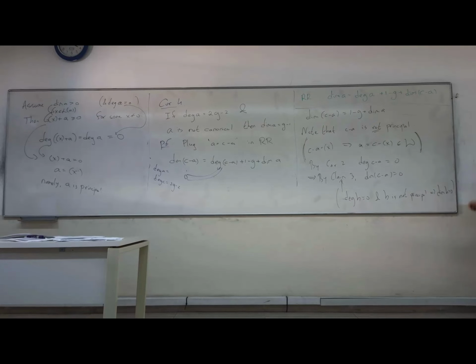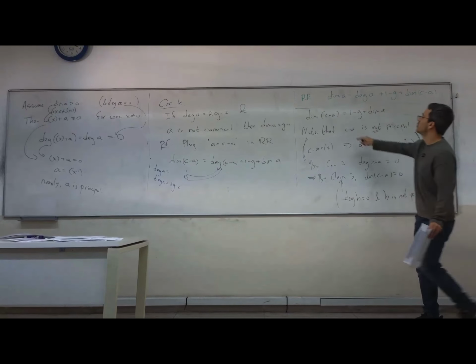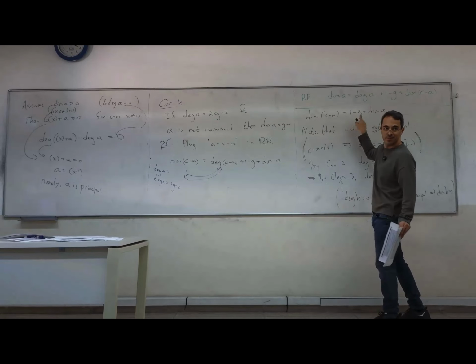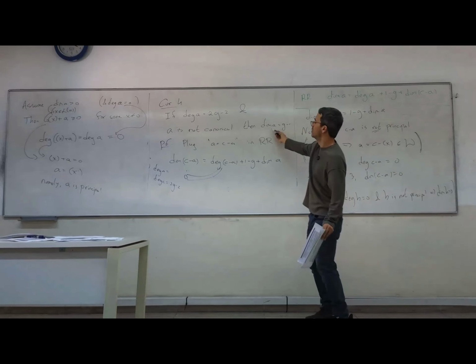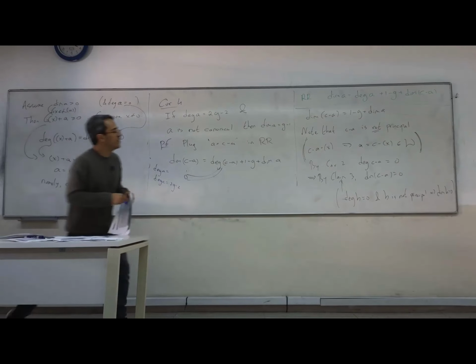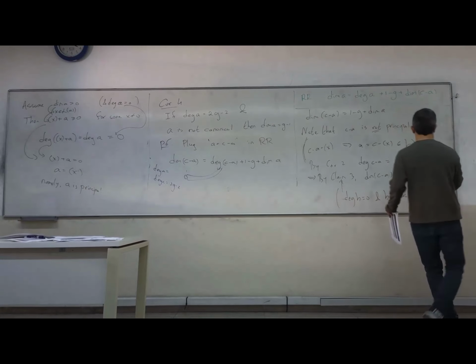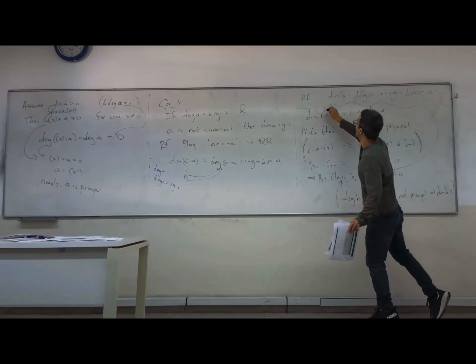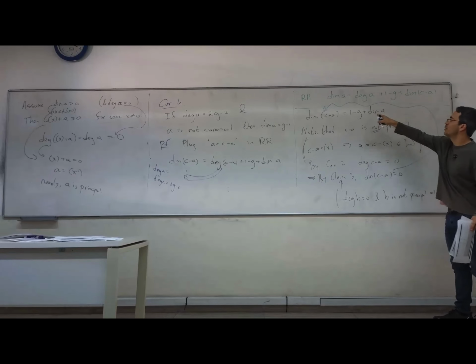Good, so this is 0, and indeed, dim A is G minus 1. This is what we wanted to prove. So you plug this back here, this is 0, and so the dimension of A is G minus 1. Okay?